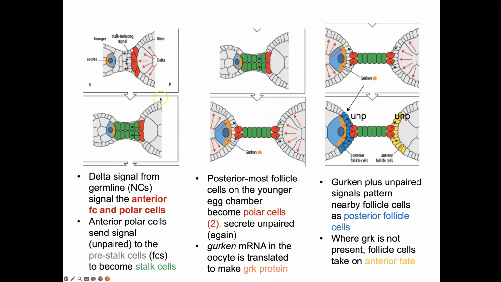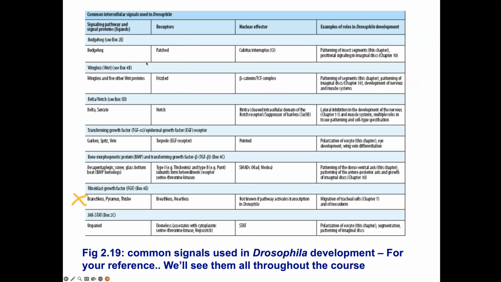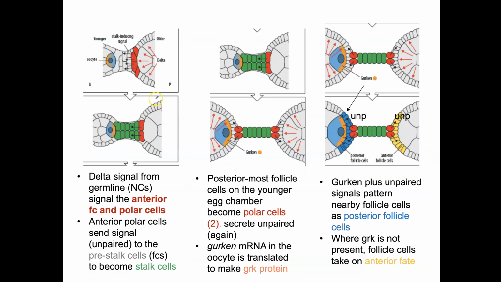Okay, so these are the details. I'm going to go through these signals a little bit more in detail in class, but I want to just have a quick run through. If we look at the anterior part of an older egg chamber, the follicle cells, which are these ones, and then there will be ones here on top, because remember the follicle cells are surrounding the whole egg chamber, and they signal with Delta.